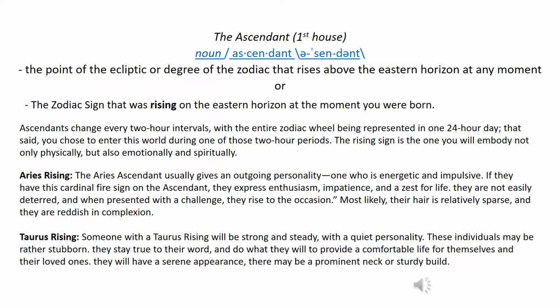Each one of the divisions is 30 degrees. So from the first house to the second house is 30 degrees. And every chart, no matter what system you use, has an ascendant. They all have the angular, the succedent, and the cadent, but sometimes they're in different positions with different astrology.